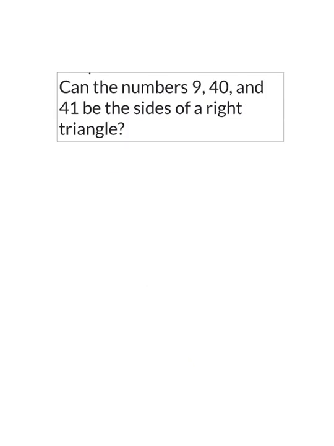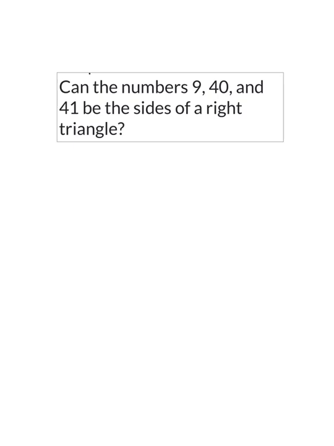So here's an example of how to do this kind of problem. It says, can the numbers 9, 40, and 41 be the sides of a right triangle? Well, we're going to use the converse of the Pythagorean theorem to answer this.